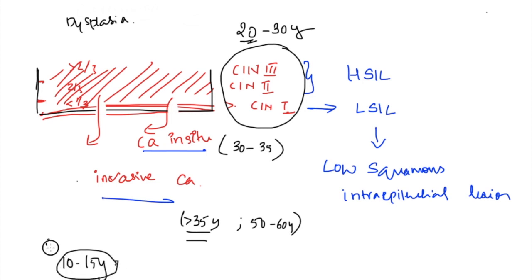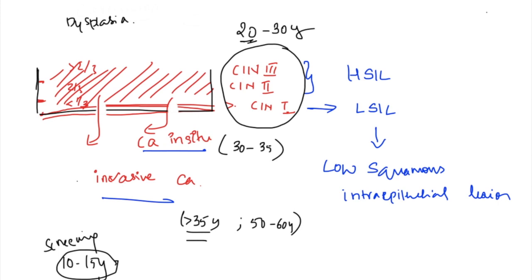If you do screening here, and you find some dysplastic cells, if you can pick up this lady and treat her in early stages, that is going to be life changing. So that is why screening is really effective in preventing carcinoma cervix, or rather picking up the early cases and treating them.